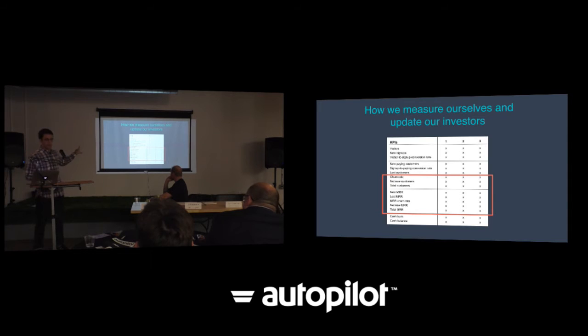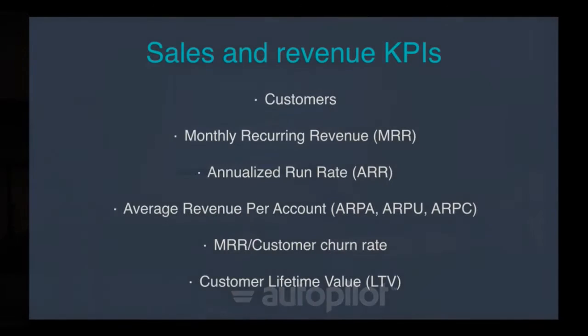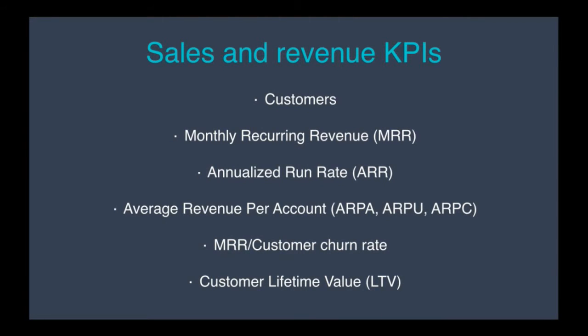But the section that is really the SaaS metrics is the red box: the churn rate, MRR, etc. These are the major metrics: customers, monthly recurring revenue. Everybody probably knows that. Annualized run rate, ARR.